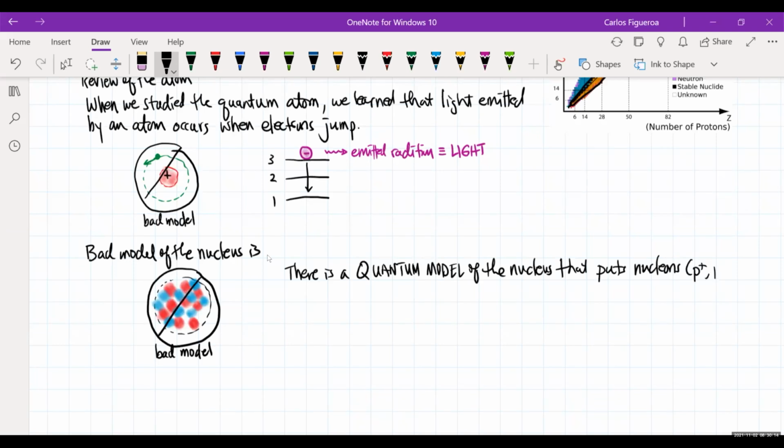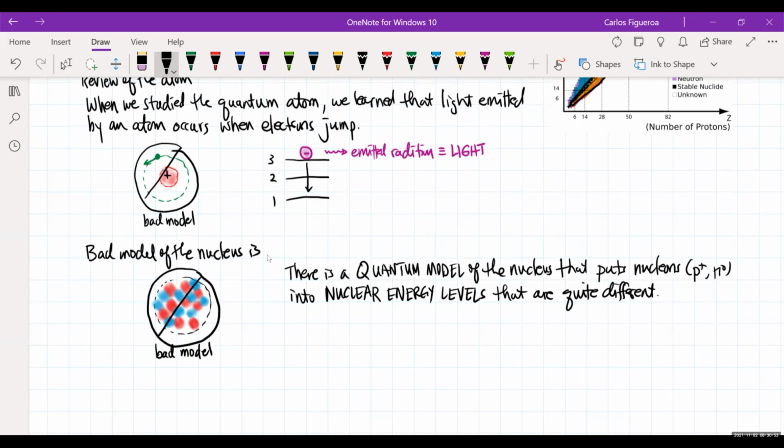It's protons and neutrons, the combination. So it puts nucleons into nuclear energy levels. They're energy levels. So there's a structure into energy levels that are quite different.